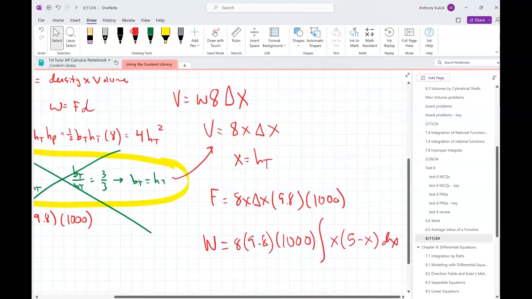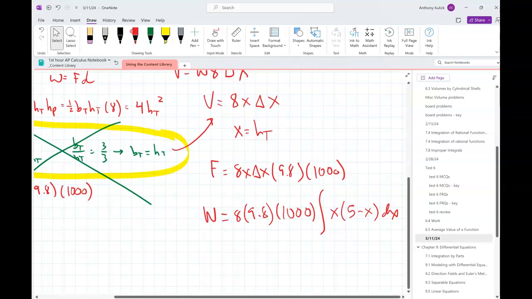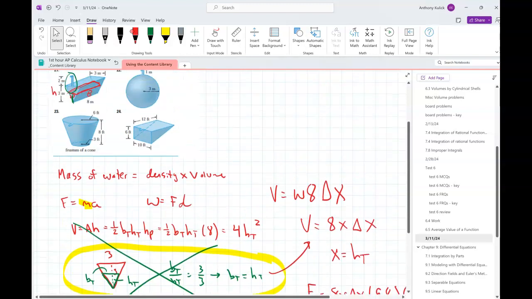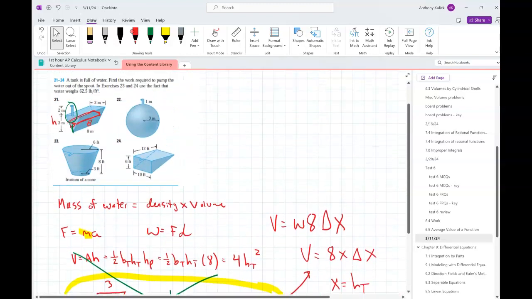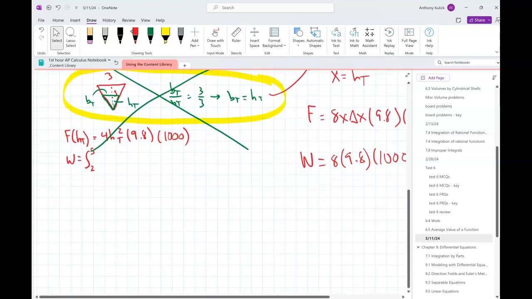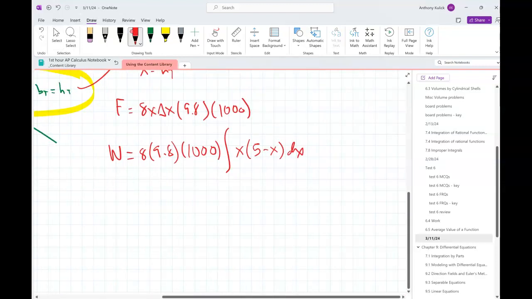So x here is representing the height of the triangle, or the depth of the water, whatever you want to think about it. So we're just going from 0 to 3. And that should do it.